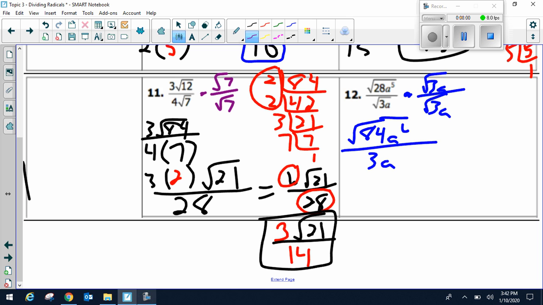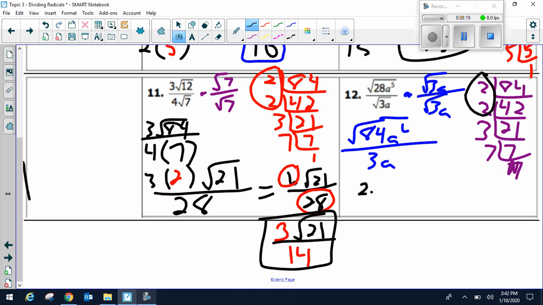So when I simplify 84, I get 42. When I divide that by 2, I get 21. When I divide that by 3, I get 7. Divide that by 7, I get 1. So this is going to come out as 2 square root of 21, but then you've got to also deal with the a.